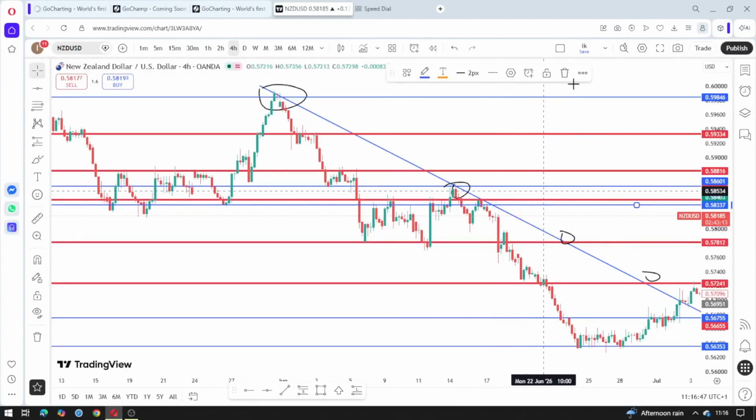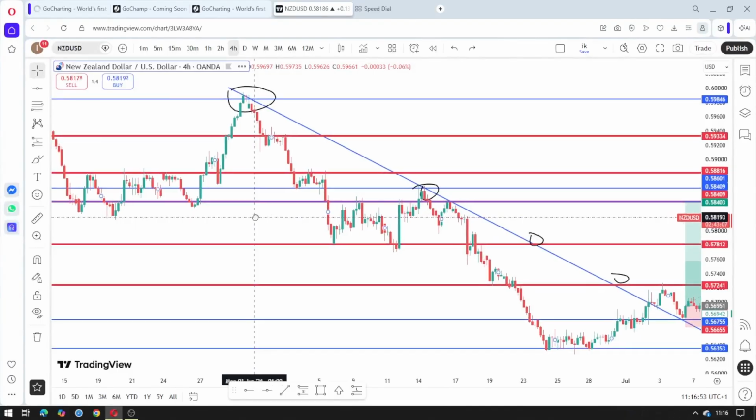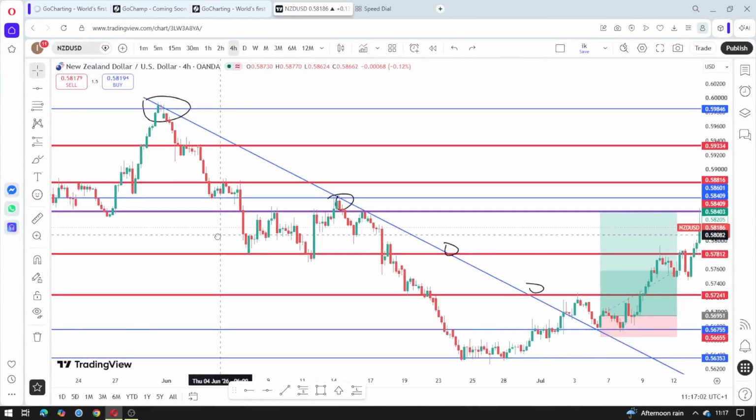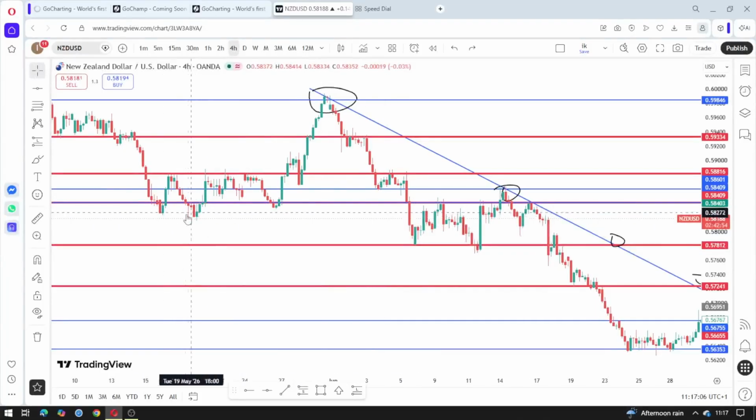The same thing is happening here when we are talking about the resistance zone, the other side of it. You see, it was previous support and is currently functioning as resistance around this zone.